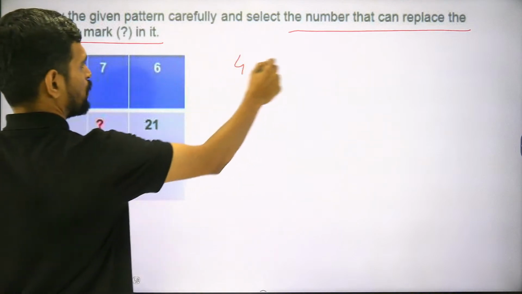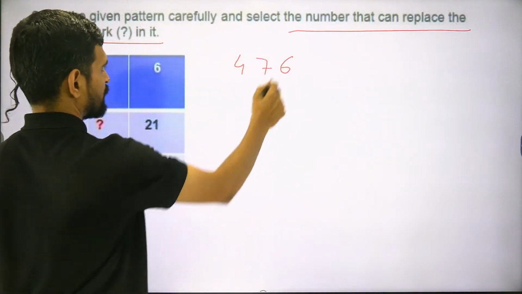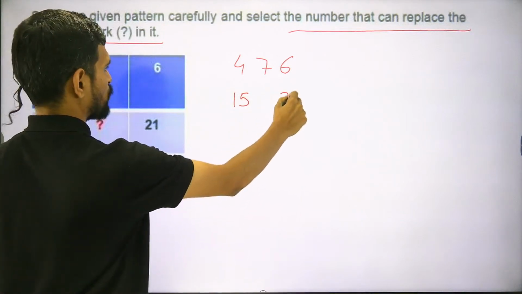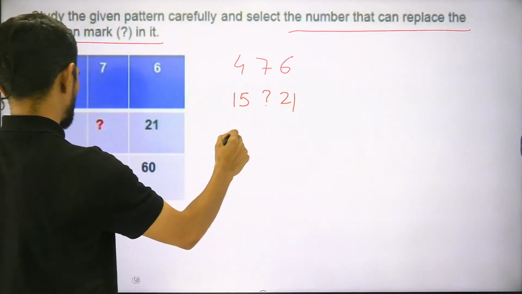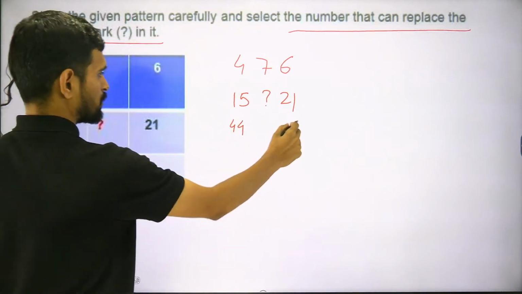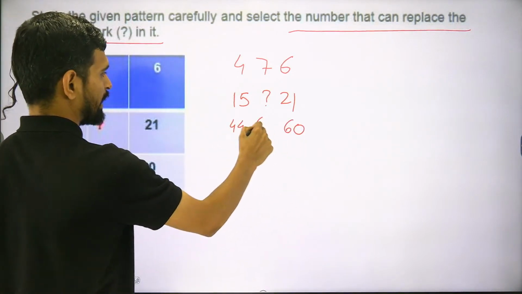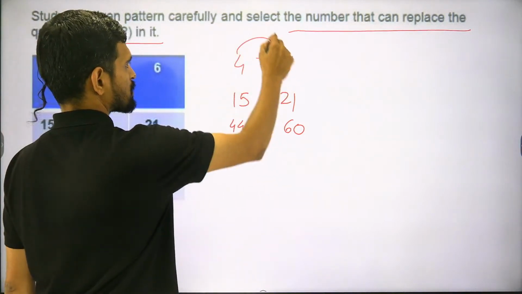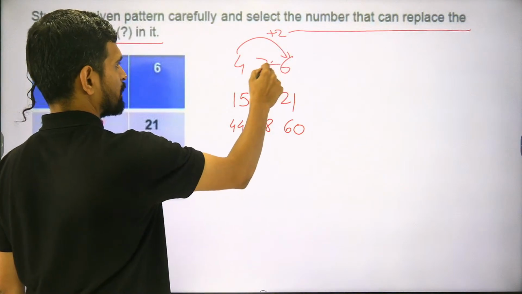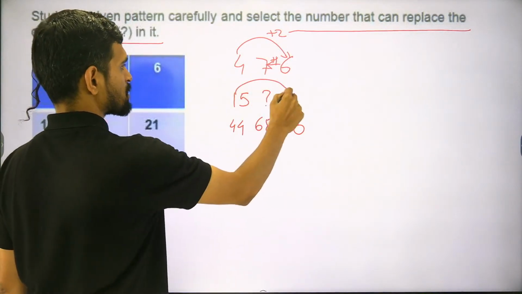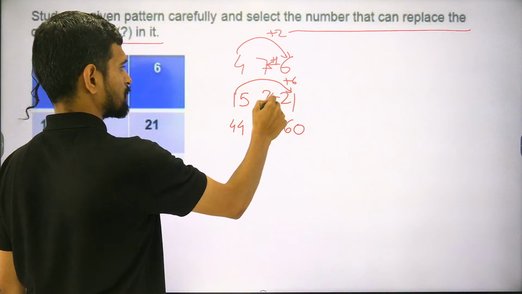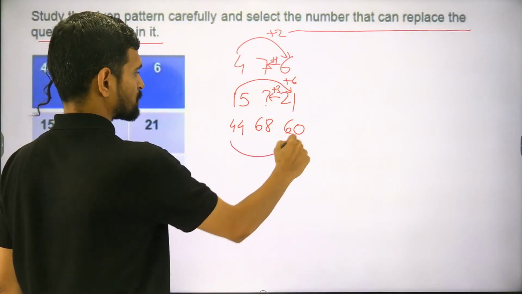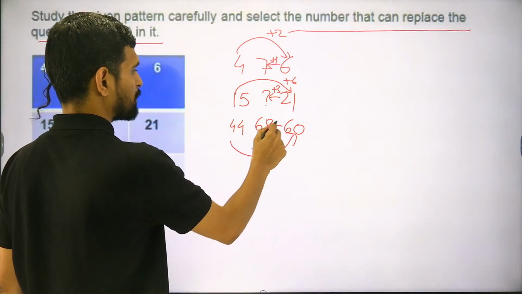So 4, 6, 7, 15, 21, question mark, 44, 60, and 68. If you see, this is plus 2 and then plus 1. This is plus 6 plus 3 if we follow the pattern. So this is plus 16 and plus 8.